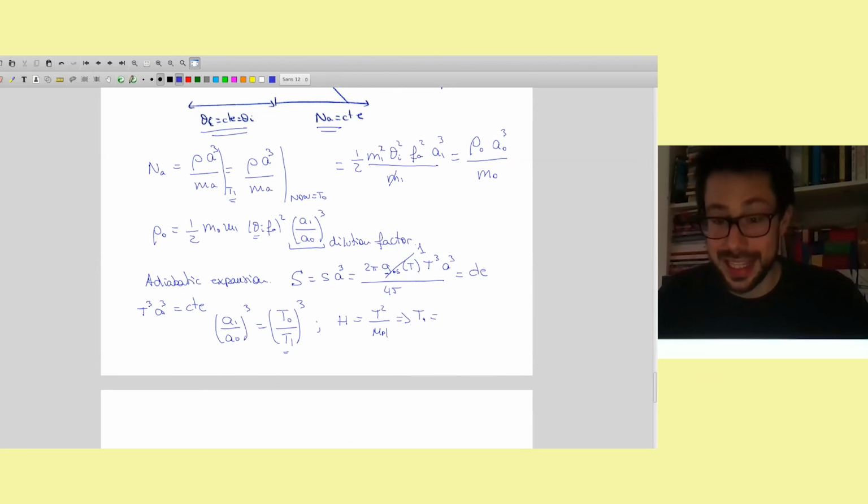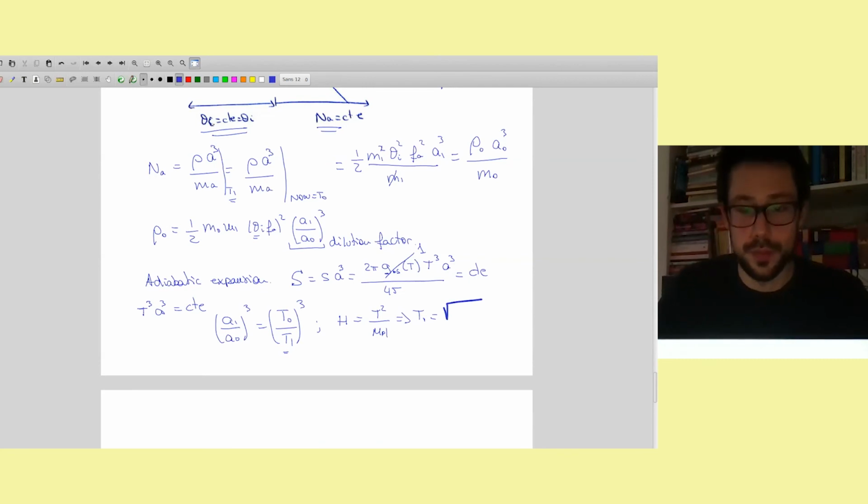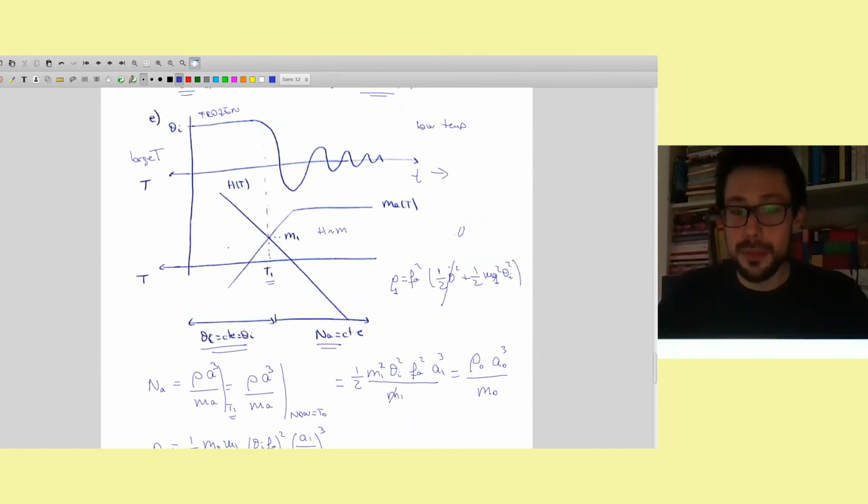And what we get is that T1 is going to be equal to the square root of H at T1 times M Planck. But now, what's the value of the Hubble parameter at T1? If you remember, we defined T1 as the moment in which the Hubble parameter is of the order of magnitude of the axion mass.